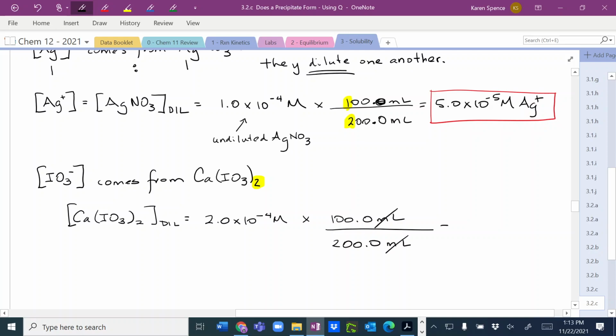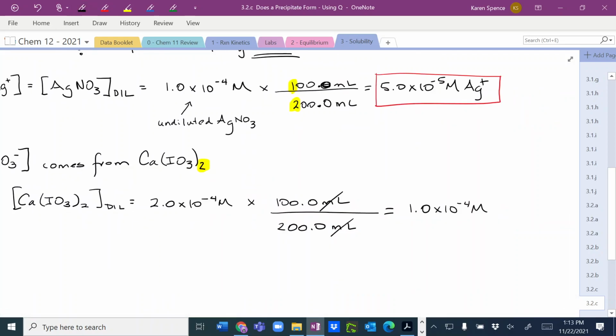Milliliters cancel. And we get 1.0 times 10 to the minus 4 molar. And that is calcium iodate, CaIO3 2.